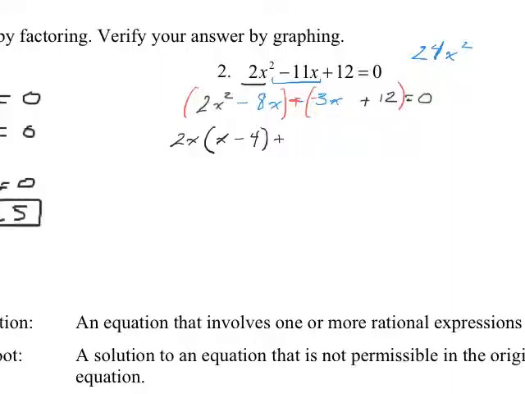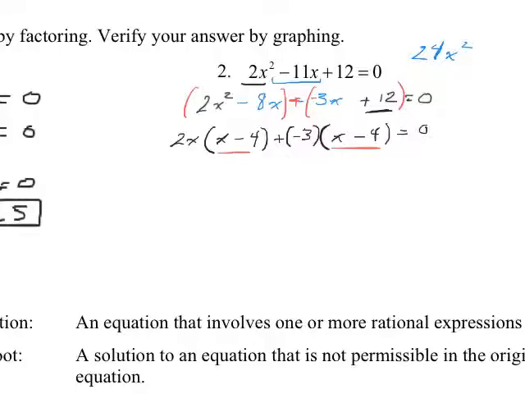In the second one, I can factor out a negative 3, and I'll be left with an x minus 4. Because again, remember, when I factor a negative out from that positive 12, I'm left with a negative 4. Then I can see that I have this common factor of x minus 4.